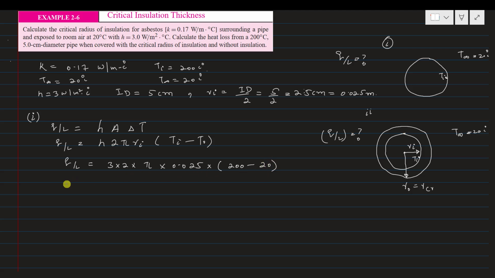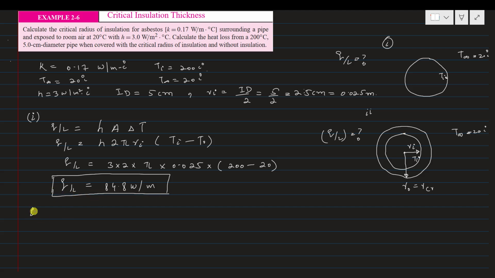After simplification, in the first case with no insulation, you get 84.8 W/m. This is the heat loss in the first case.